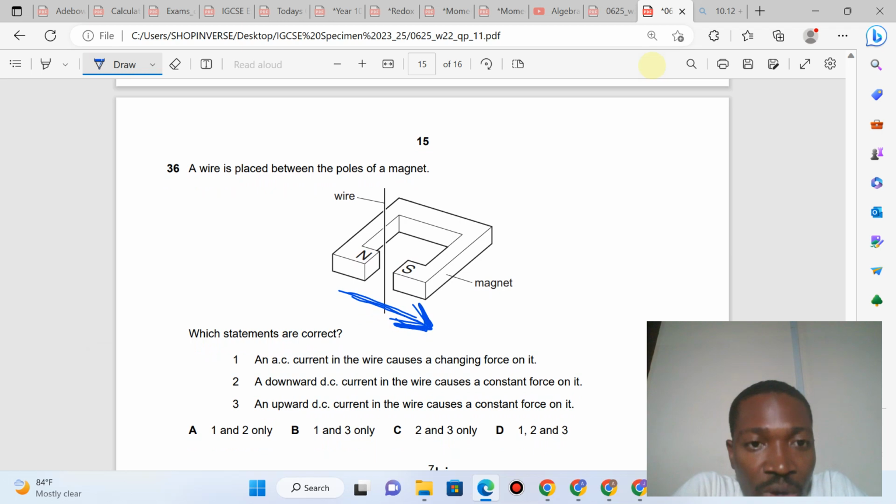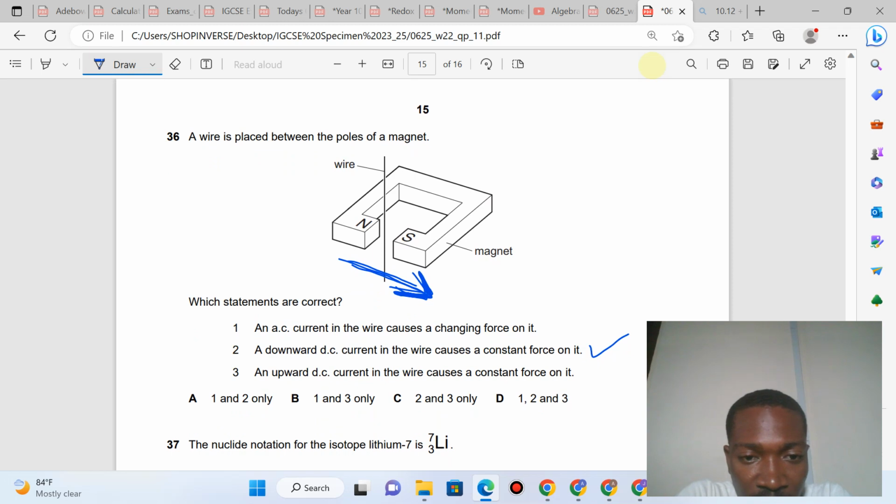A conductor is placed between the poles of a magnet. Which statements are correct? An AC current in the wire causes a changing force on it. Yes, when a current is flowing through this conductor, then there will be a force on it. A downward DC current in the wire causes a constant force. Well, that is correct because you have a uniform field.